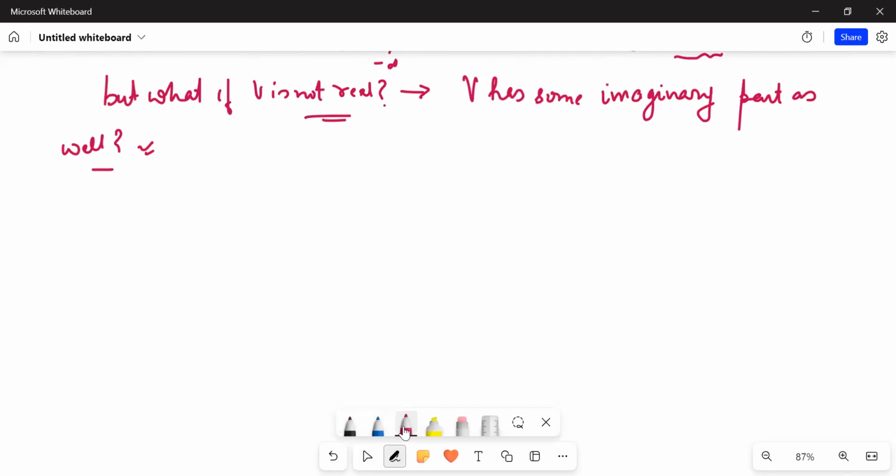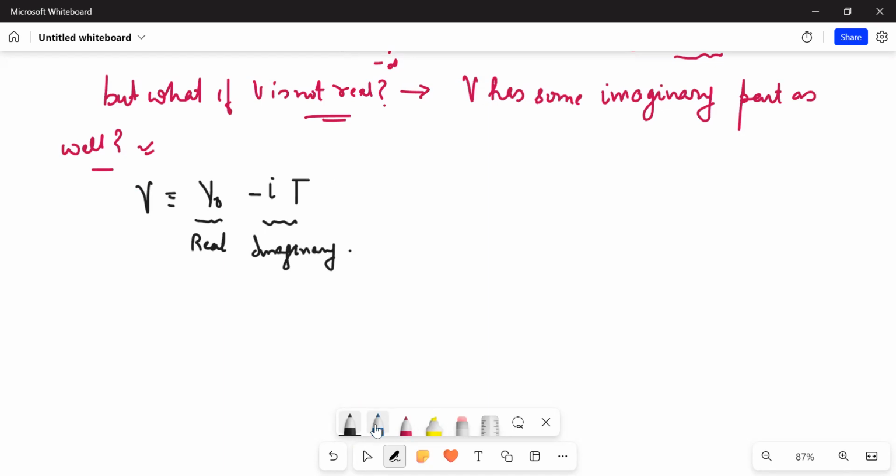For example, let's say now your potential is no longer V, rather it changes to some V naught, which is the real part, minus iota gamma, which is, let's say, some imaginary part. So now your potential no longer remains real, rather it is accompanied by an imaginary part as well.